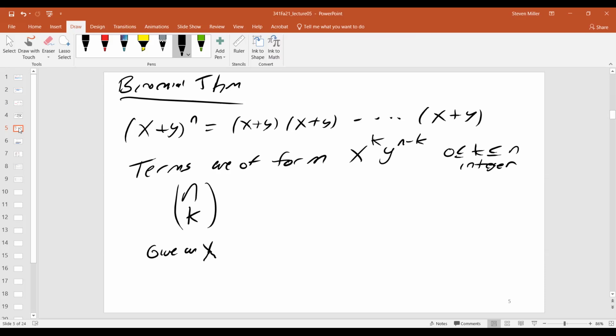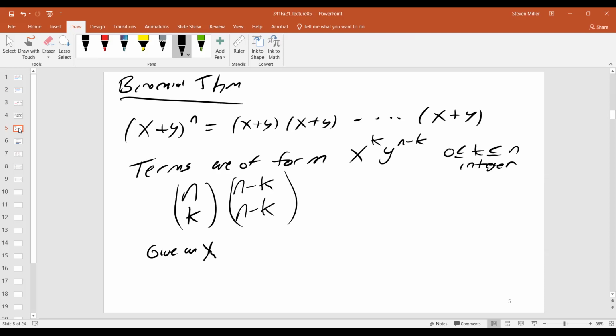Okay, so now how many factors are left? If we've chosen k factors from n to give us an x, how many factors remain? N minus k. And of those n minus k, how many of them have to be y? All of them. So it's n minus k.